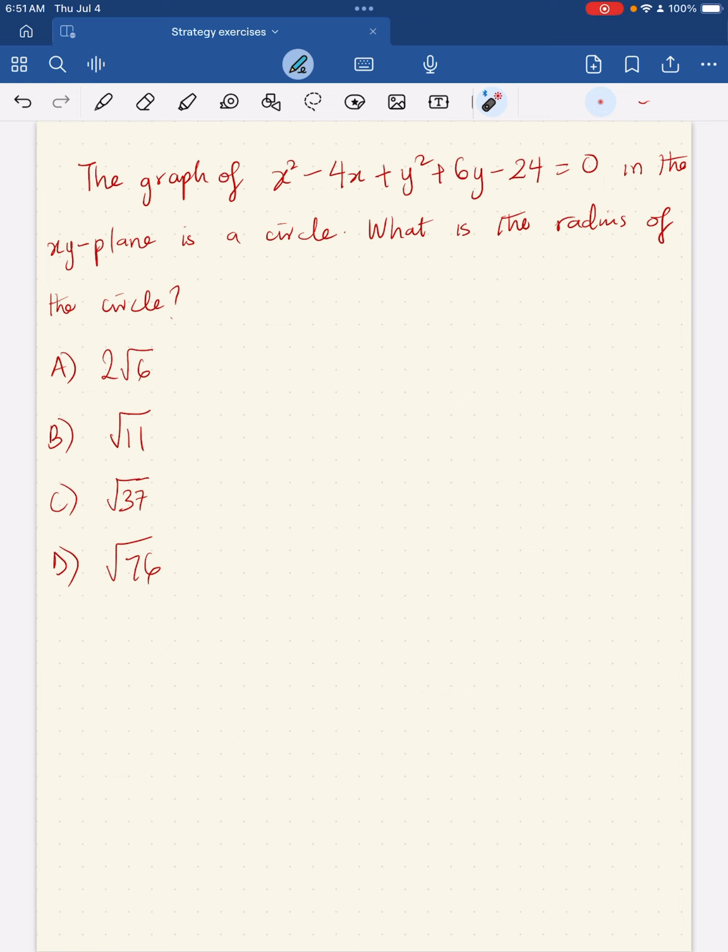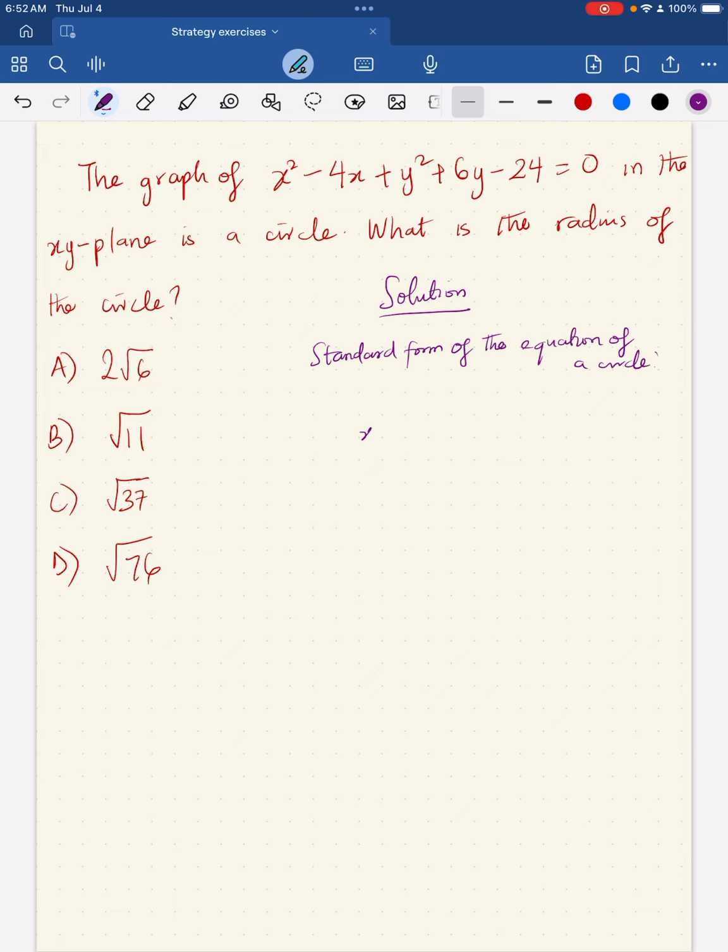Okay, so the solution to this is as follows. Now there is the standard form of the equation of the circle. The standard form is given by this: (x minus h) squared plus (y minus k) squared equals r squared.